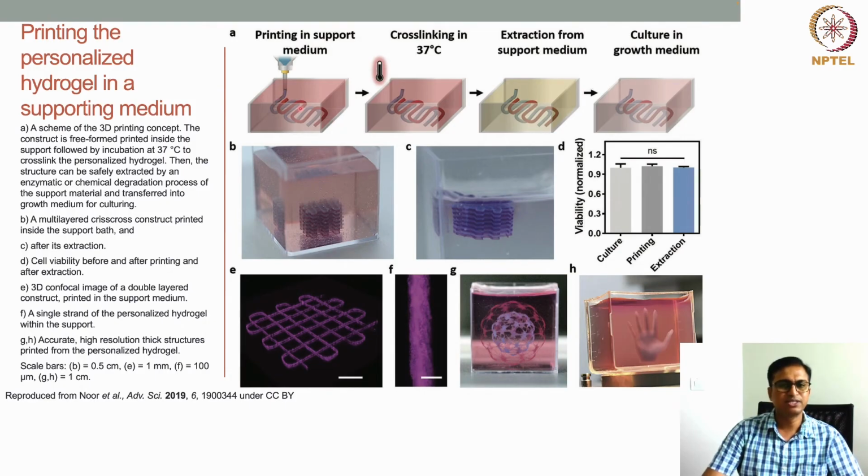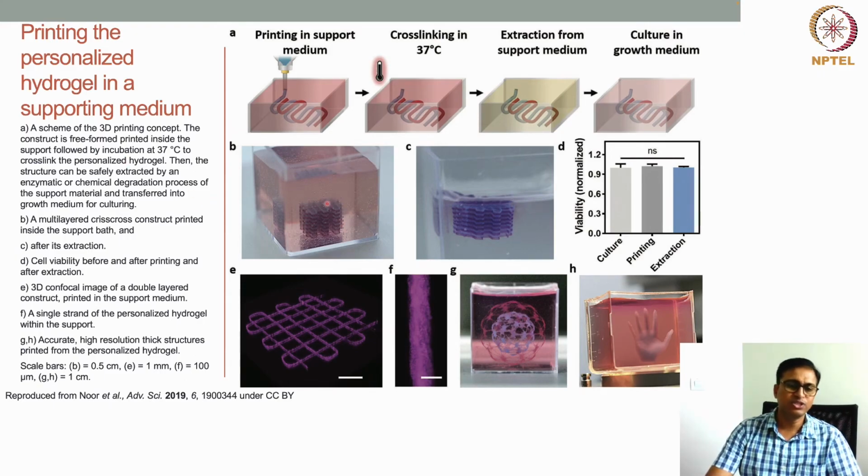As this material is a thermoresponsive hydrogel, they printed at very low temperature in the support bath, and then increased the temperature of the support bath to 37 degrees centigrade, where the material gets cross-linked. The support bath material can also be removed, because at 37 degrees centigrade it loses its structure and becomes a fluid-like material that can be taken out, and you get your printed structures.